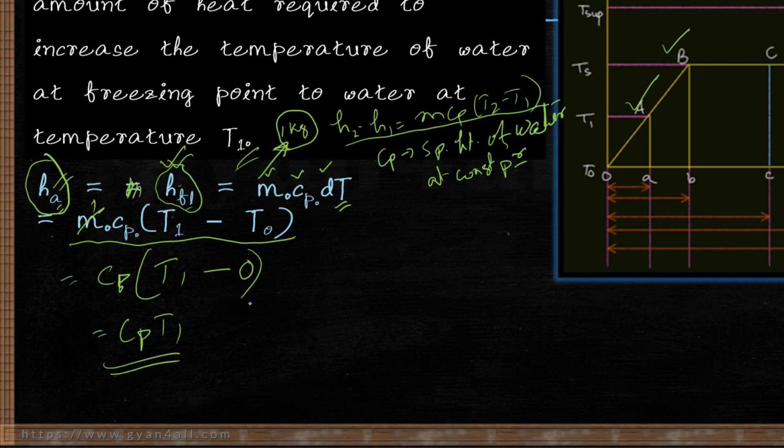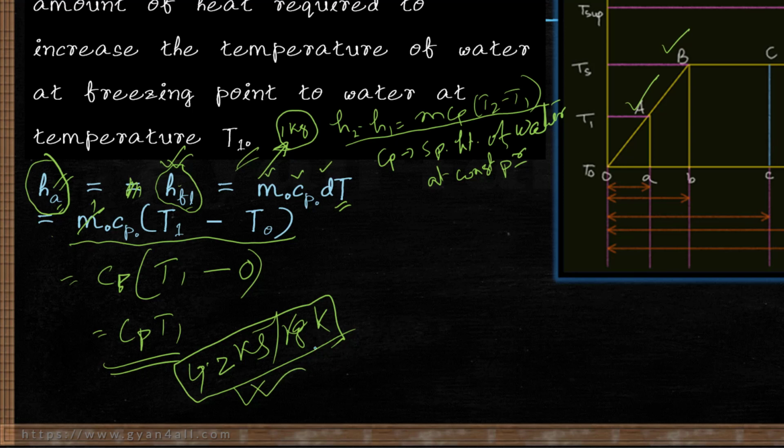Why 0? Generally, the freezing point of water is 0. Pressure may be different, but it is almost always equal to 0. Now, the value of Cp is 4.2 kilojoule per kg per Kelvin. This you have to remember. The value of Cp, specific heat of water, is 4.2 kilojoule per kg per Kelvin.